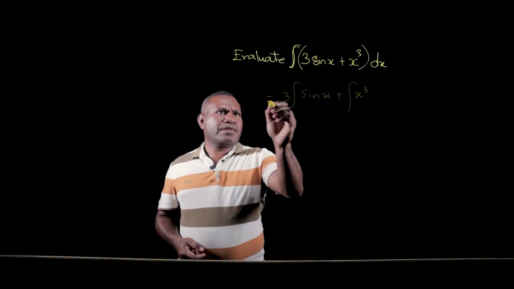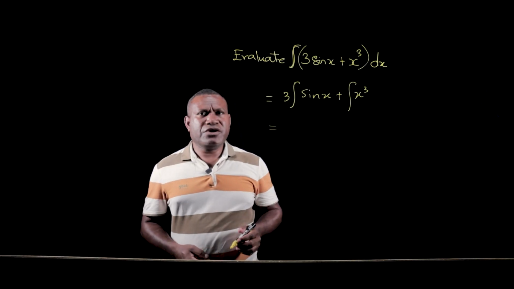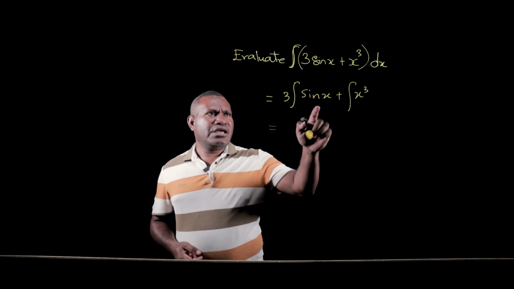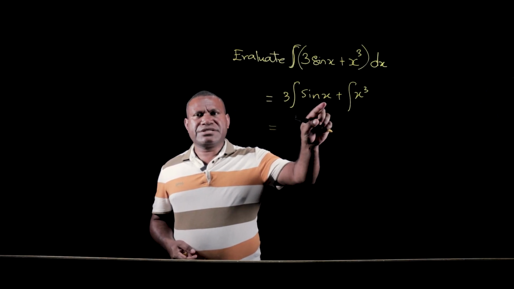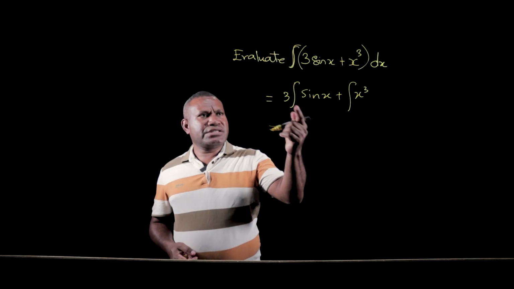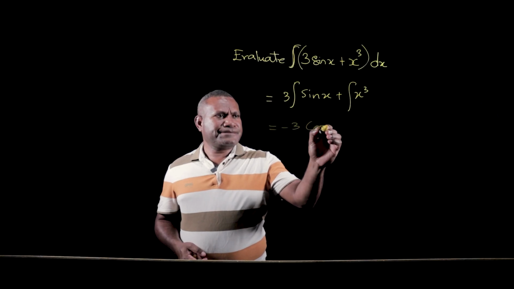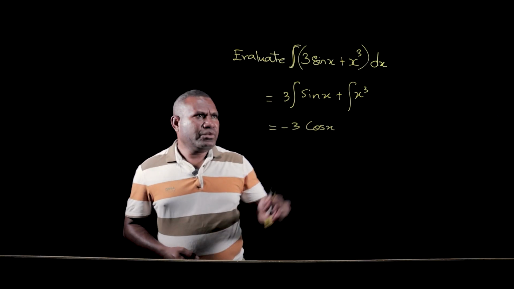Now, according to what we have learned, the rule for integration for trig functions is that if you integrate sine x, it will give you negative cos x. So negative cos x times 3 gives us negative 3 cos x. Now we are done with the first part.